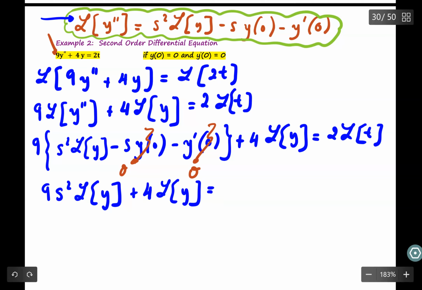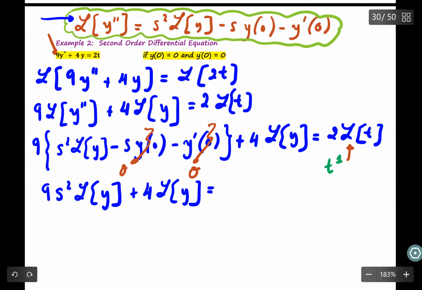So we are going to take Laplace of t. It means we are going to transform this function of t into a function in terms of s. In order for us to do that, I will write t to the exponent 1.